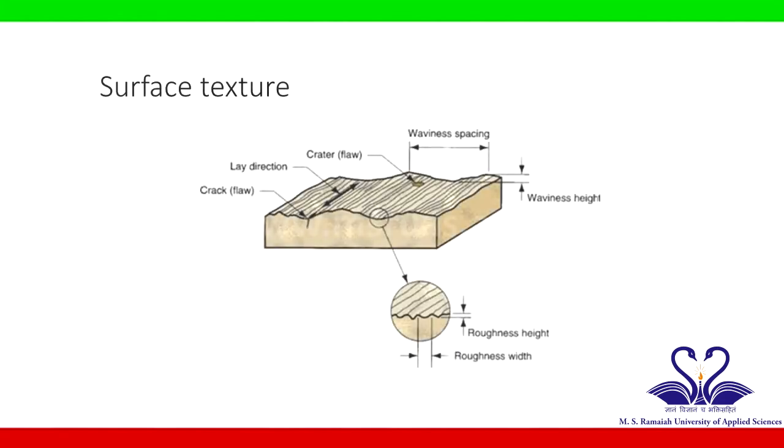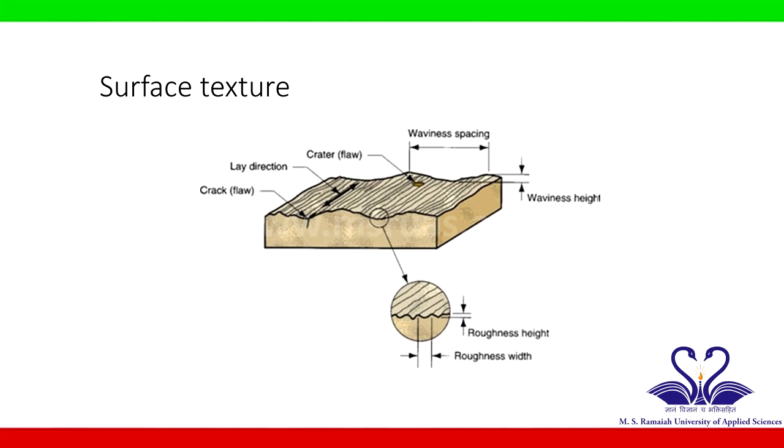Surface texture consists of the repetitive and/or random deviations from the nominal surface of an object. It is defined by four features: roughness, waviness, lay and flaws. Roughness: roughness refers to the small, finely spaced deviations from the nominal surface.